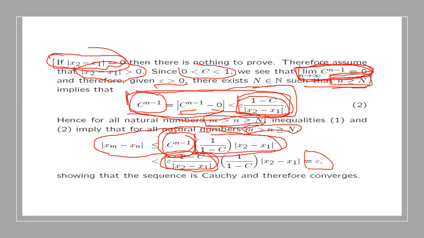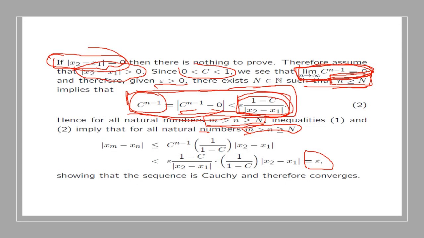Let me take this away so that we see it properly. So you see that I've just replaced this with this expression here, and the whole of that times this will give you epsilon.